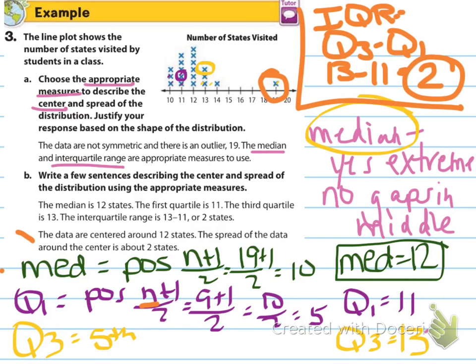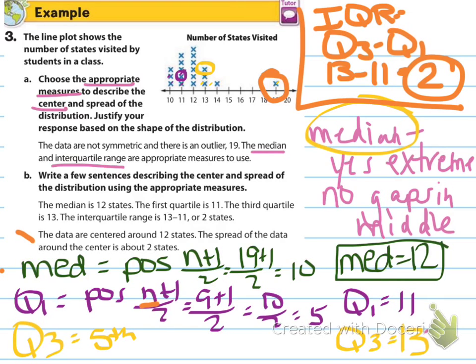And then for 11, I used n plus 1 again to find the position. This time I know that there are 9 data values before the 10th data value. So 9 plus 1 is 10, divided by 2 is 5. So it's the 5th position from the beginning and the 5th position from the end that we use to find quartiles 1 and 3.